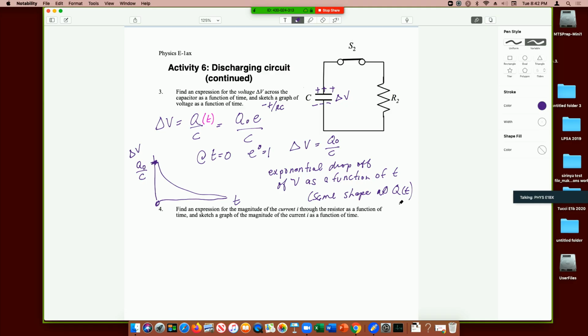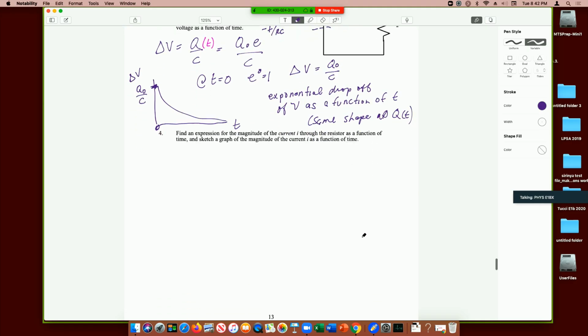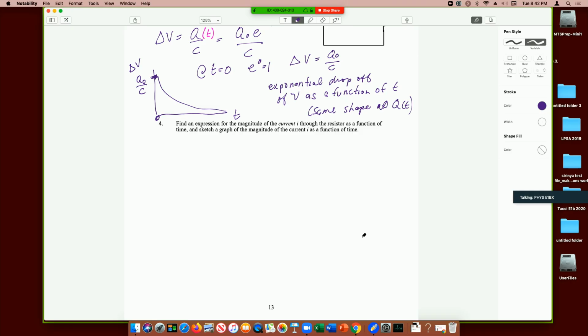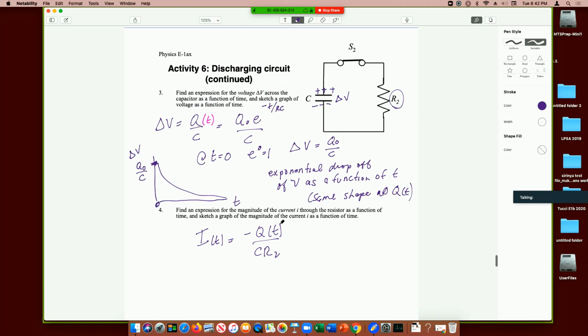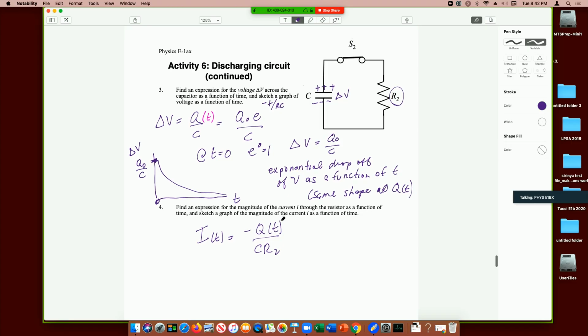Okay, now we want to find an expression for the magnitude of the current through the resistor as a function of time. Then we will be complete in terms of talking about discharging capacitors. We know from the last page that the current as a function of time is equal to negative Q(t) over C times R, specific to this particular circuit, R2.